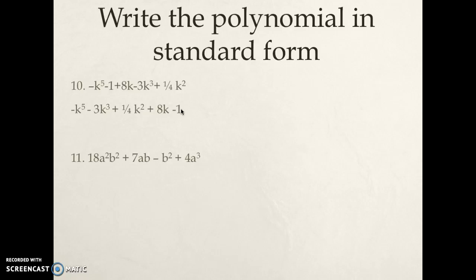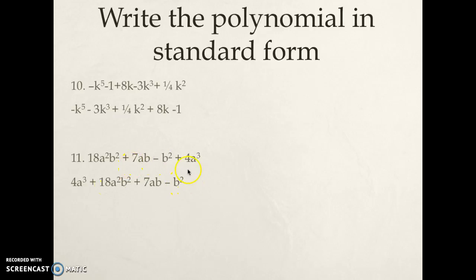before B and C. So we find our 4a cubed, which is also our highest exponent, and we put that first. Next we have, although we have a b squared here and a b squared here and an a squared here, this 18a squared b squared would come first because a comes before b. So we plug that in there.